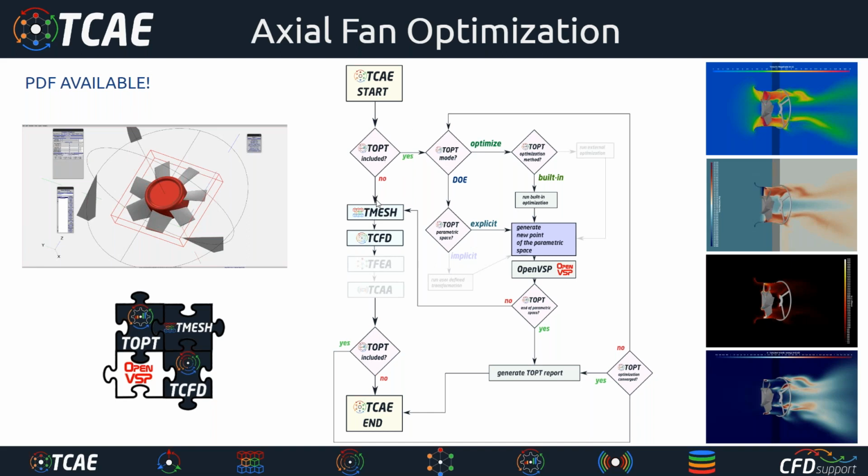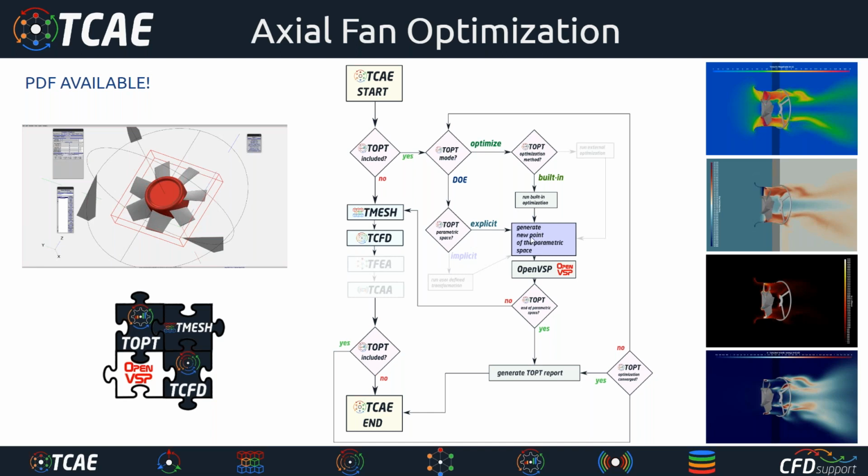The initial geometry was meshed in TMesh and simulated in TCFD, and then using TOpt, a new set of parameters was suggested in every iteration.